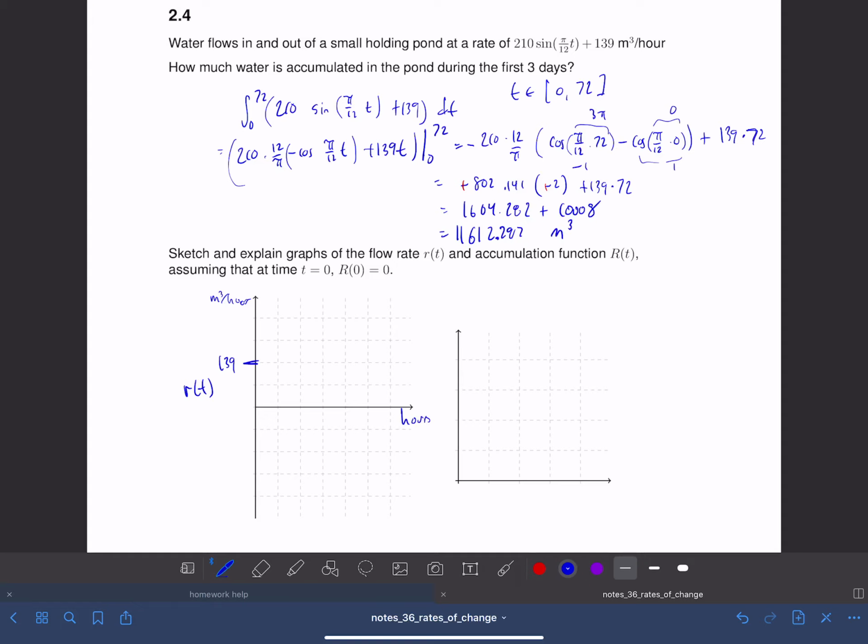The flow rate's not constant. It starts at 139, but then it goes up, and through 12 hours it goes up through sine, and after 24 hours it comes back.